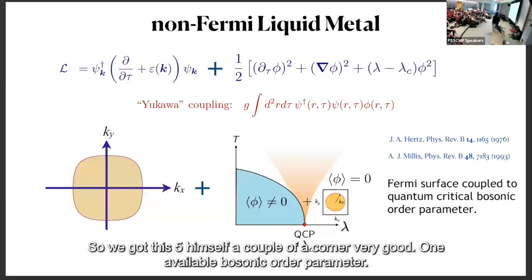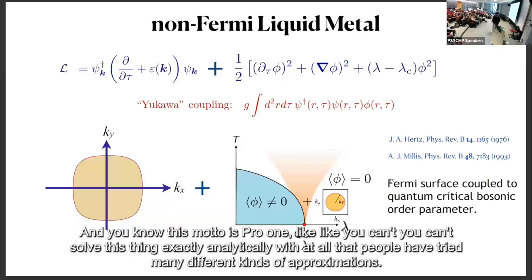So you have this Fermi surface coupled with a quantum critical bosonic order parameter, and this model is known to be something you can't solve exactly analytically at all.